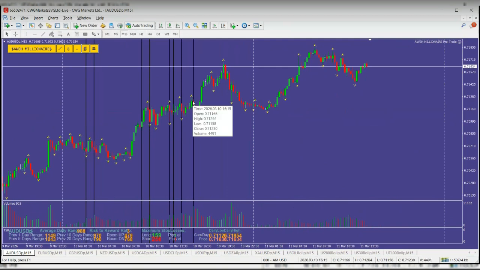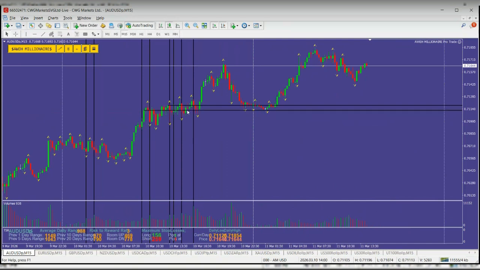Let's see. So this one over here. This level no longer relevant. This level here no longer relevant. This one here, pretty much they're all in the same zone, but this is the closest one we have. Then we've got this one over here, which seems to be a zone.